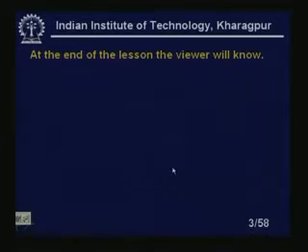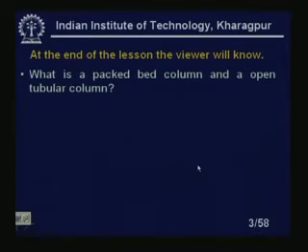At the end of the lesson, the viewer will know what a packed bed column and an open tubular column are. In chromatography the basic principle is that we send the mixture of the gas or fluid through a column, and it initially absorbs the mixture, but depending on the characteristics of the individual components, it will elute, that means it will release the gas or fluid with a difference of time.